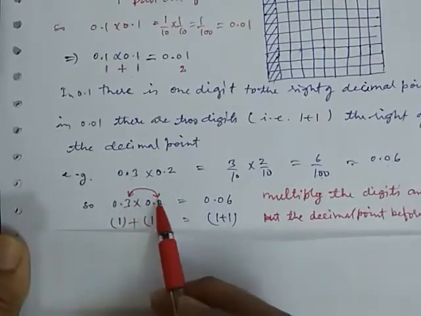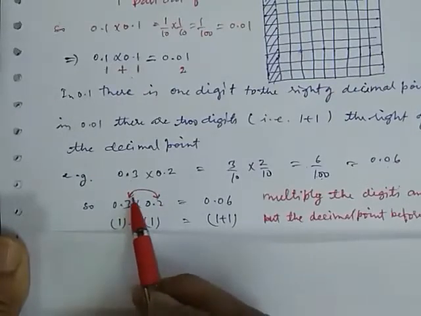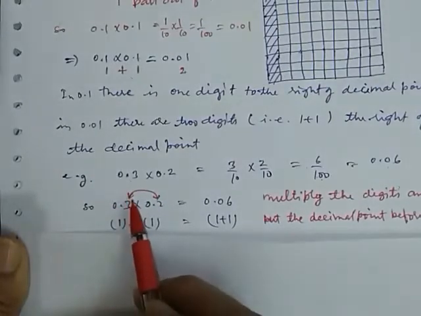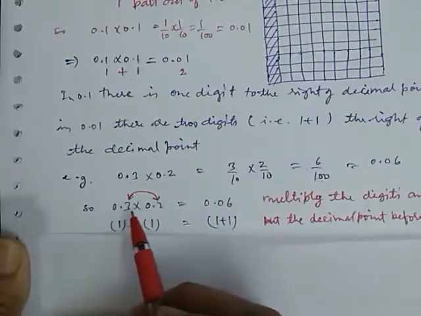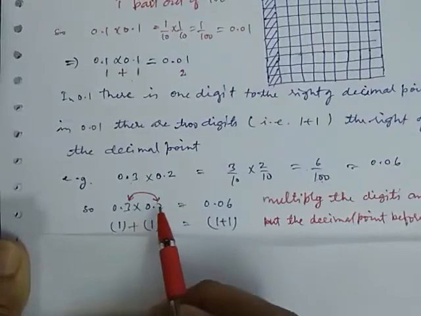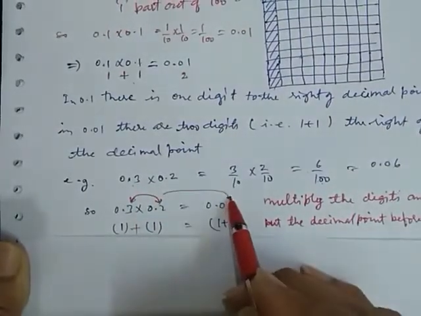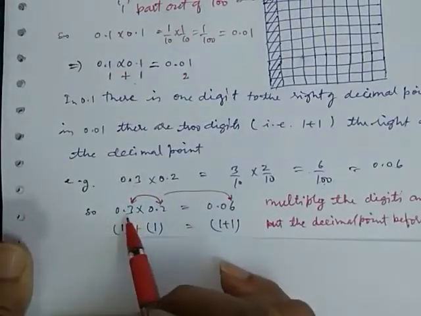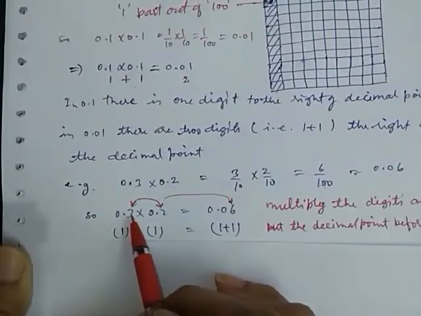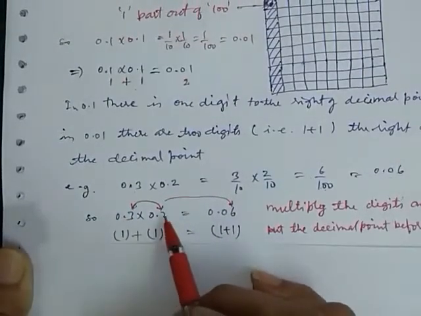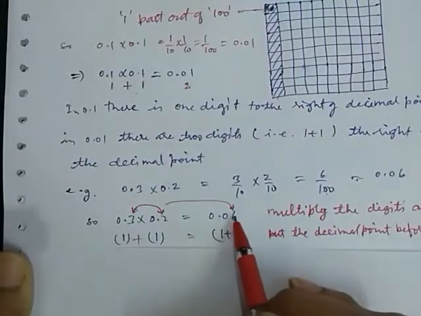When we multiply this, we directly multiply these digits as whole numbers. Here the whole number is 3, here the whole number is 2, so we multiply 3 and 2, so we get 6. Then we count the decimals. After the decimal, how many digits are there? Here 1 digit, and here also 1 digit, so total digits are 2, so we put the decimal before 2 digits.